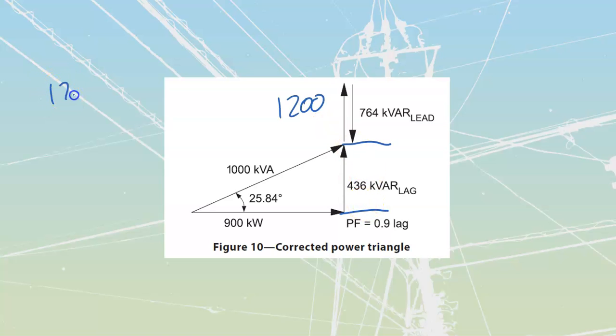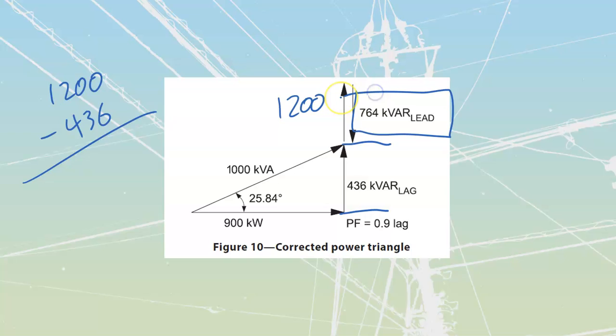All I'm going to do is take my 1200 minus my 436, and when I do that, it's going to tell me the size of the capacitance that I need to run this thing at, and that's going to tell me that I need this thing at 764 kVars leading for this. So we're just going to overexcite. We're going to monitor the overexcitation until we see that we have this 764 leading kVars.